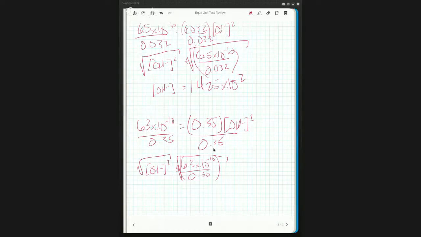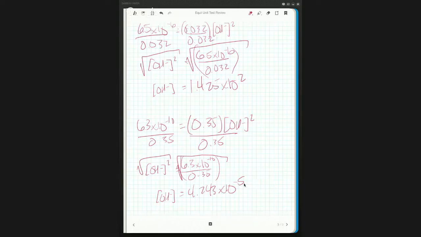I'm going to square root that, and I get the OH minus concentration equals 4.243 times 10 to the negative 5th.